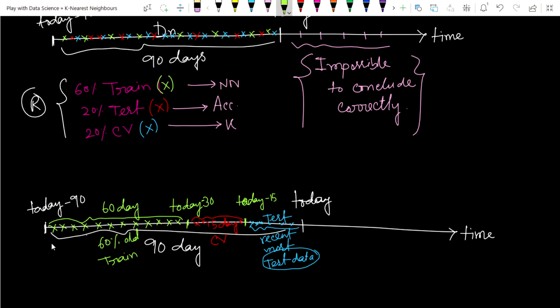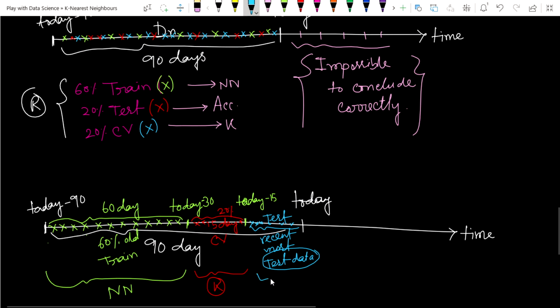According to this old 60% data, we have decided our nearest neighbors, and the next old 20% data we have used to decide our optimal k, the best k. And the most recent data we are using to find our accuracy. Okay, I think you understand the difference between them.